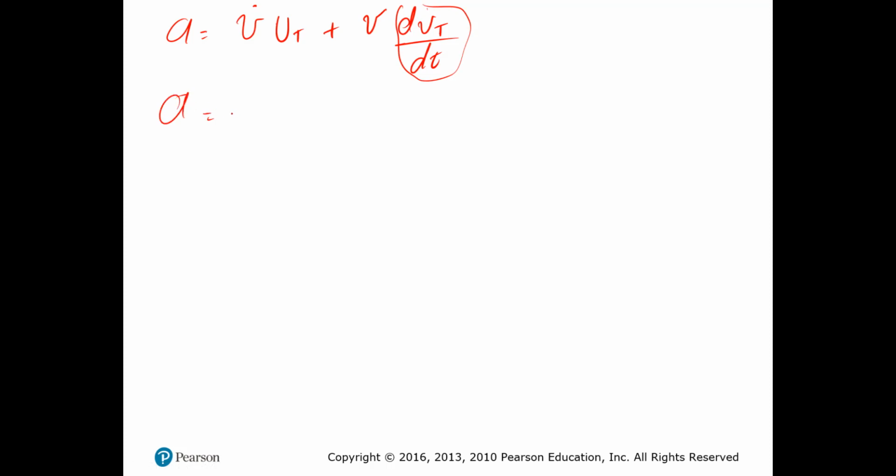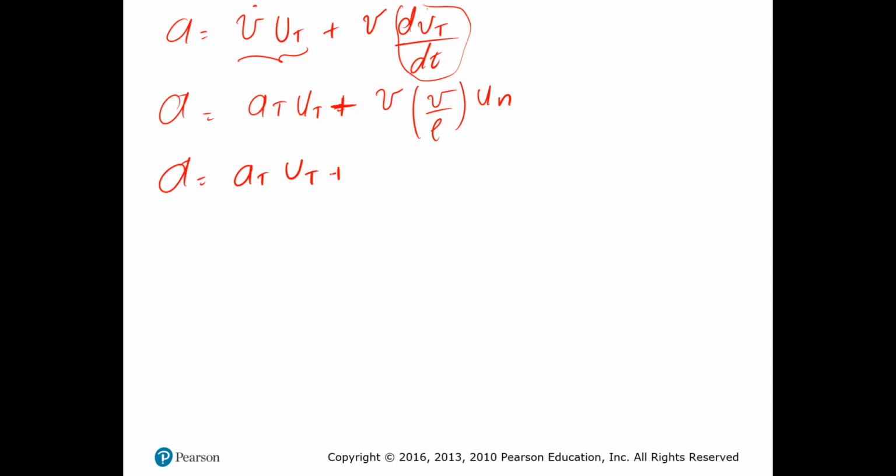So acceleration is equal to, this whole thing is no more than what we call the tangential component of the acceleration, and this is v, also v over rho that multiplies the normal component. So therefore acceleration will be equal to at ut plus v squared divided by rho, and then the normal unit vector, which defines the acceleration.